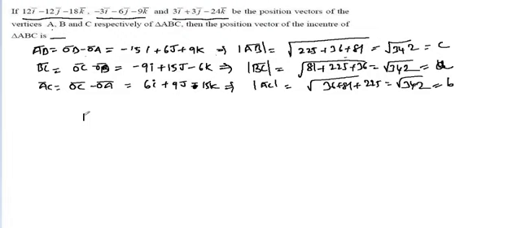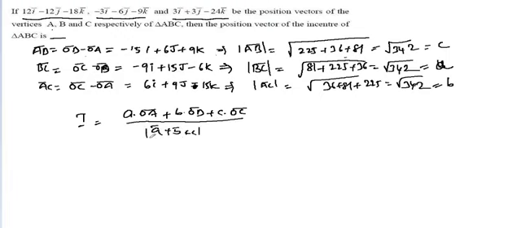We know that the incenter I is equal to small a into OA bar plus b into OB bar plus c into OC bar, by a plus b plus c, that is modulus of A bar plus modulus of B bar plus modulus of C bar.